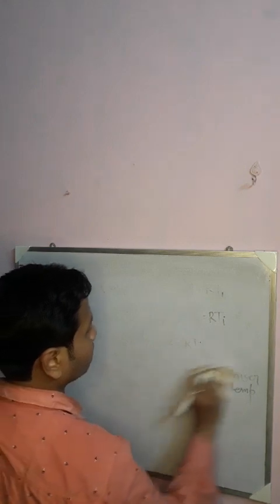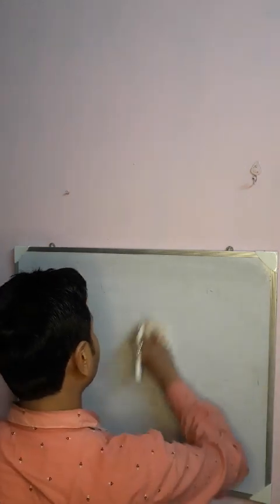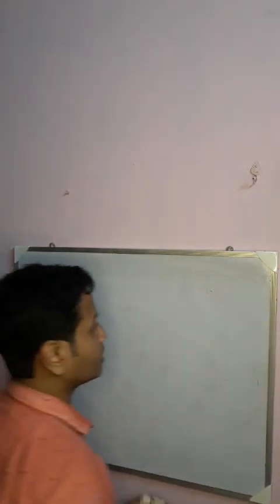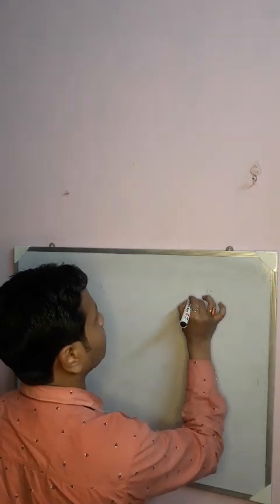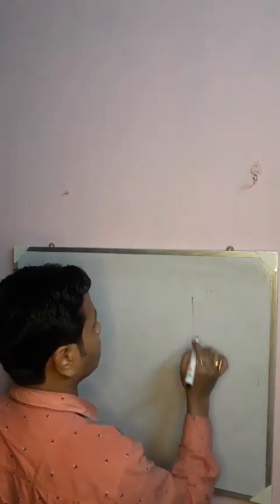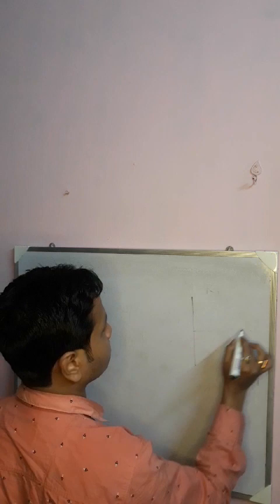Now if we plot a curve between P and V, that is from the quadratic equation, the curve looks like this.